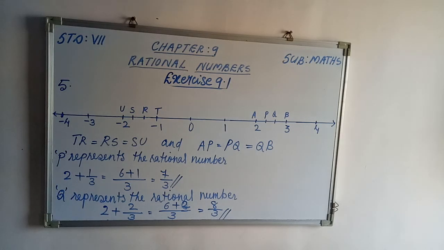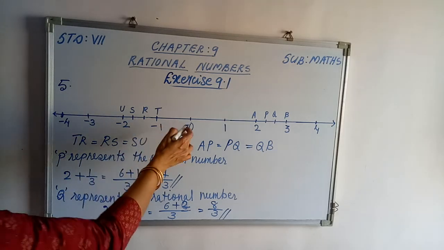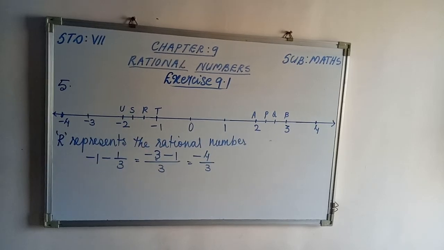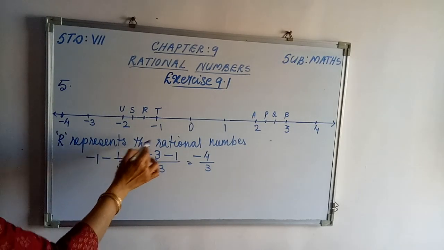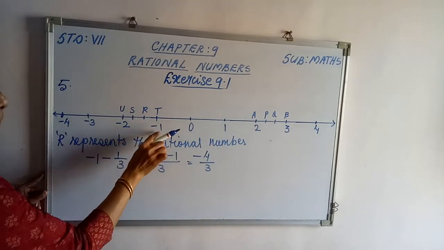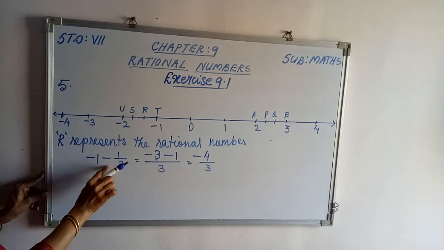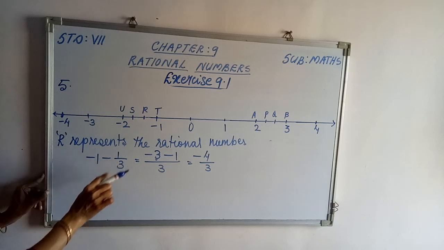Same way, we can find out the next one, that is R. R is coming to the left of 0, isn't it? So it is a negative rational number. We can see which rational number R represents. R is coming after -1. So -1 minus 1 upon 3. Why minus 1 upon 3?